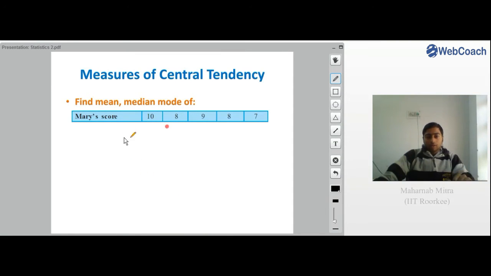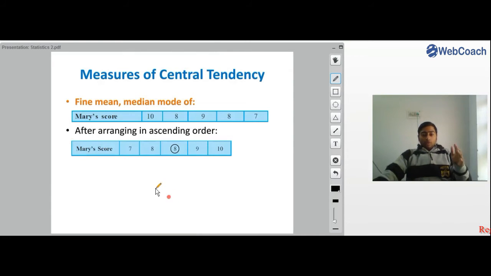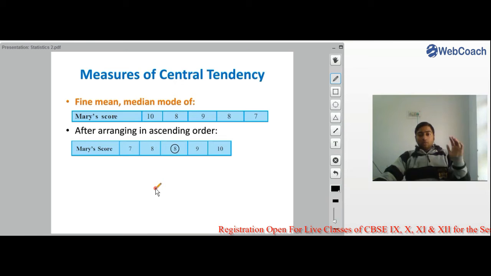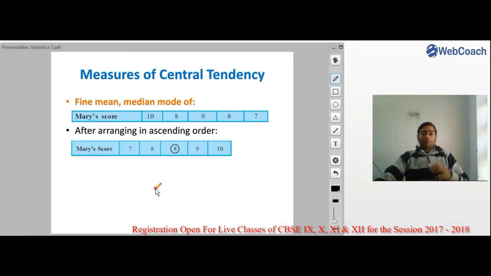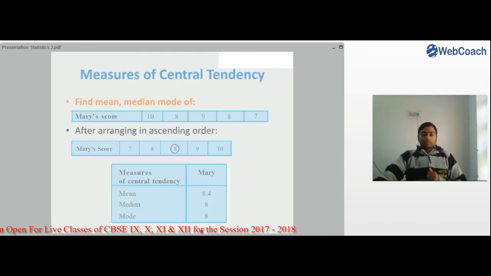So let us apply all these concepts to one question to find out the mean, median and mode of Mary's score, right? So that we can recapitulate what we have learned so far. First, our first step always will be to arrange the data in ascending order so that we can interpret the data very fast.